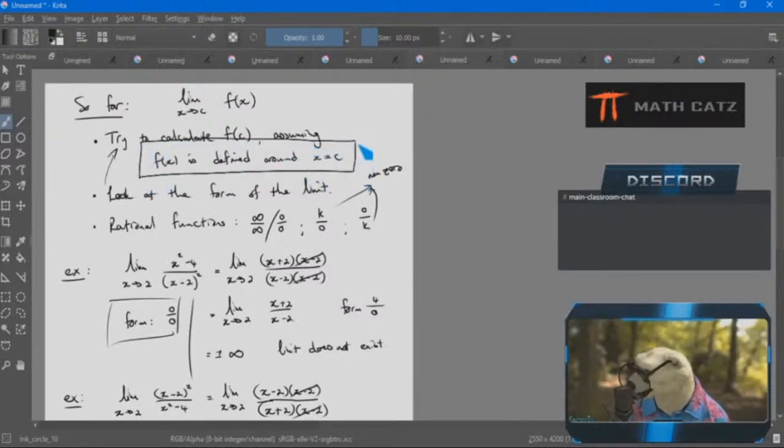There is this requirement that for this limit behavior question to even make sense to be asked, we need this. We need f, we need the function to be defined around my x value in question.